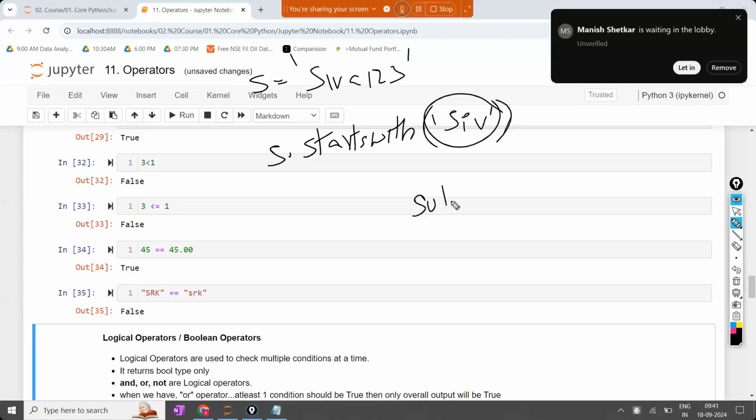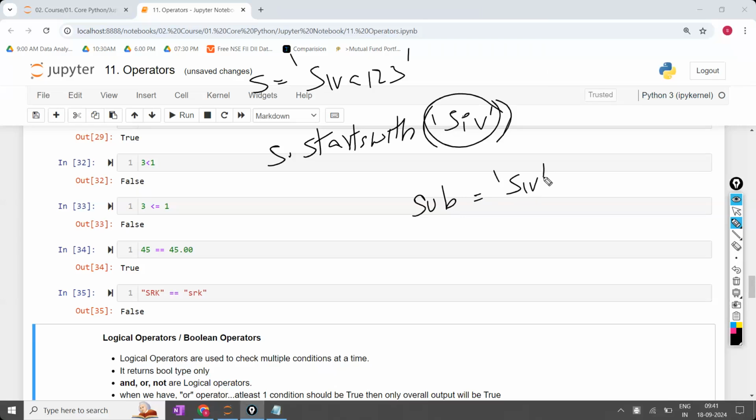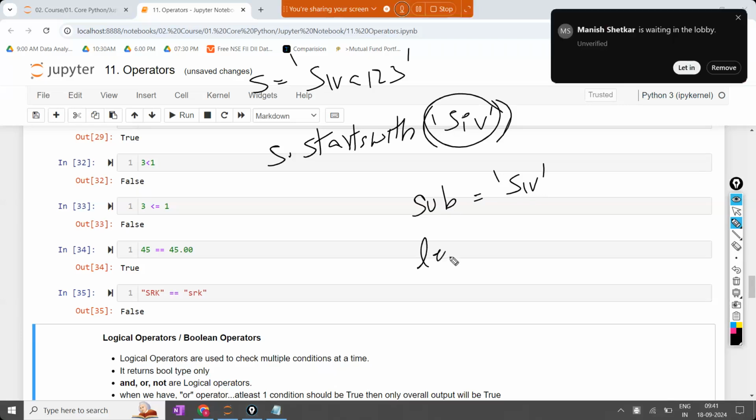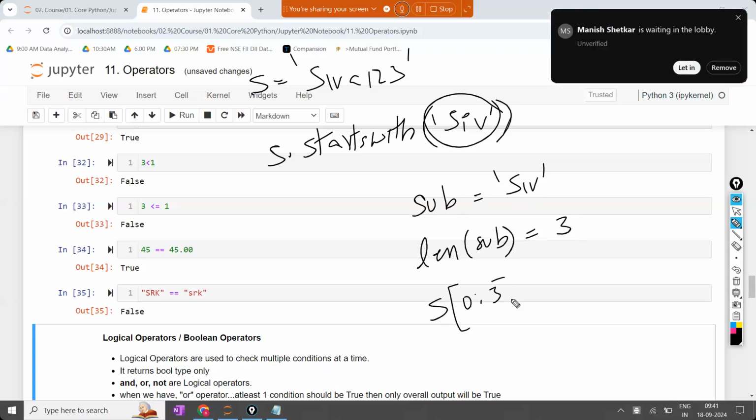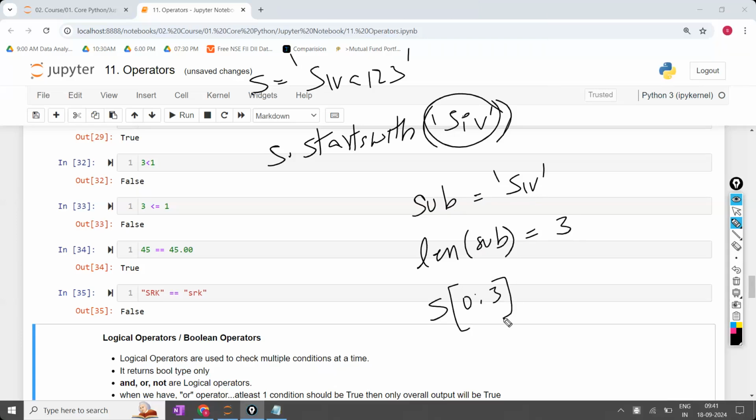Basically, it will store in the backend the substring as sub, with SIV. First it stores it as sub. After storing sub, it applies the length function on sub. What is the length? 3. On the main string, it applies a slicing operation from 0 to 3, and it gives the output SIV.